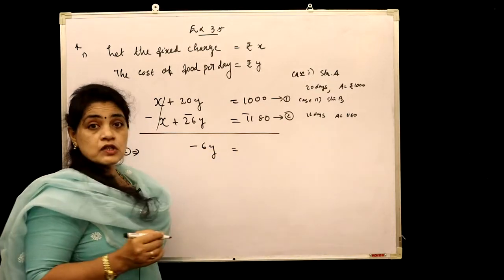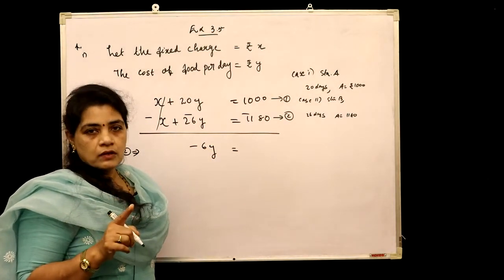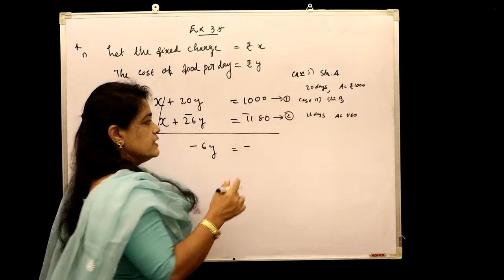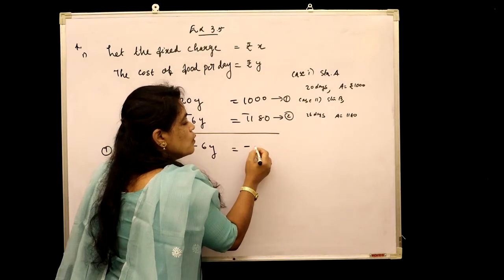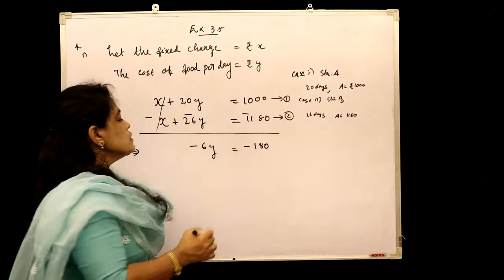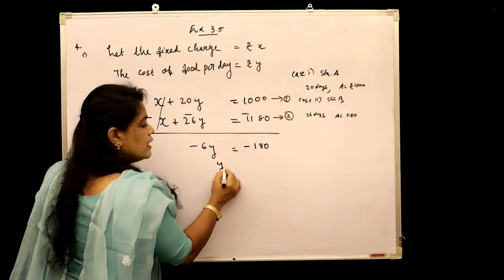And 1000 minus 1180 is negative, because it is a negative quantity, so minus 180 rupees. From this you will get the value of y.